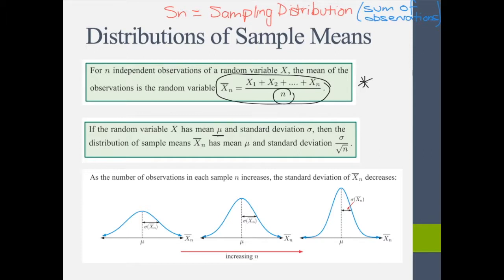Then the distribution of the sample means X bar n has a mean mu. What we're saying is if you sampled a whole heap of different Coke cans and found their means, and then found the mean of those, you would find that it comes out the same as the population mean, and the standard deviation will be sigma on square root n.